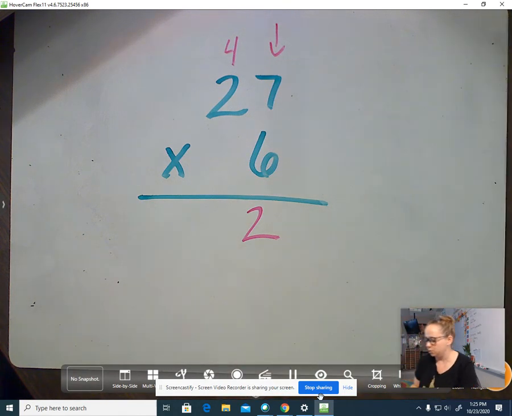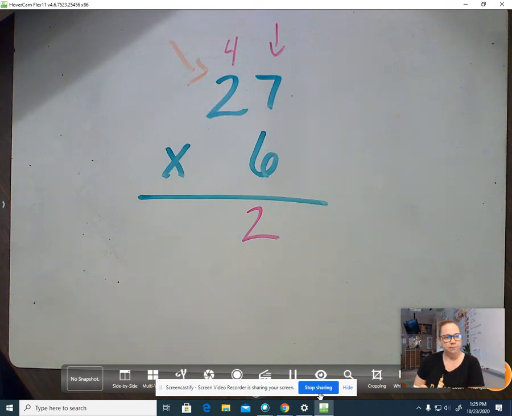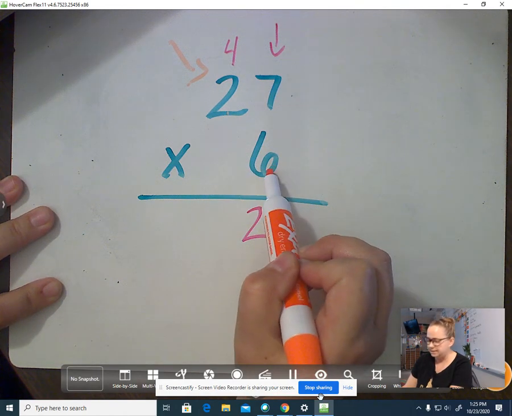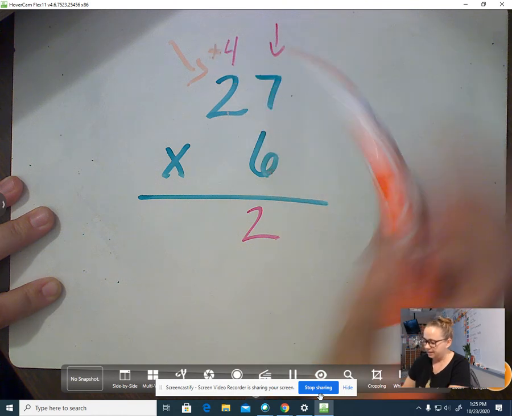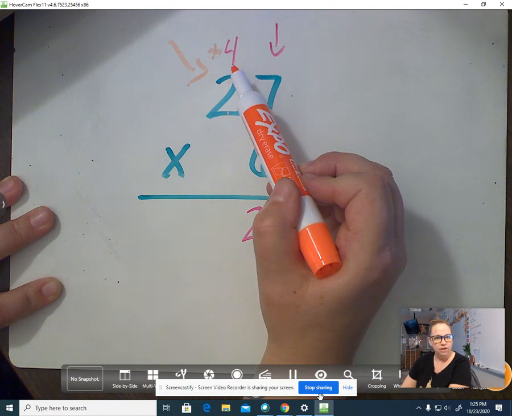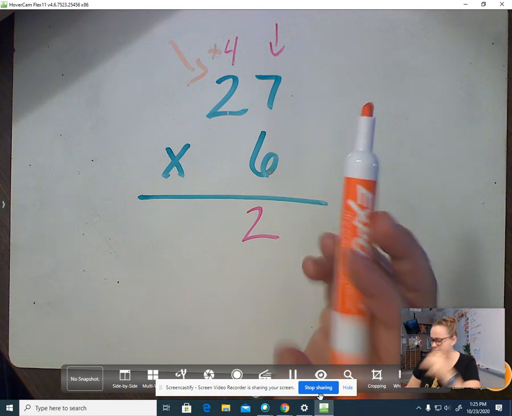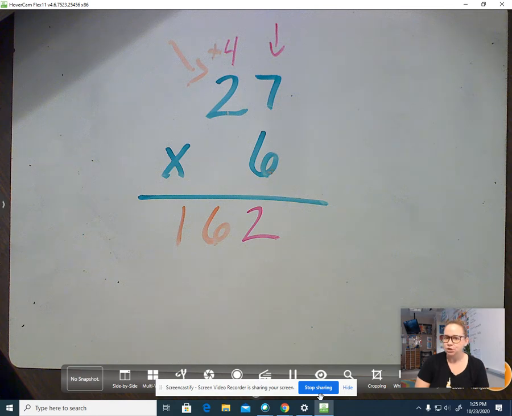Now we're going to multiply. Oh, that orange isn't much brighter than the green. We're going to multiply diagonally. So 2 times 6 is 12. And remember, we have to add this top number. So 12 plus 4, 12, 13, 14, 15, 16. Our answer is 162.